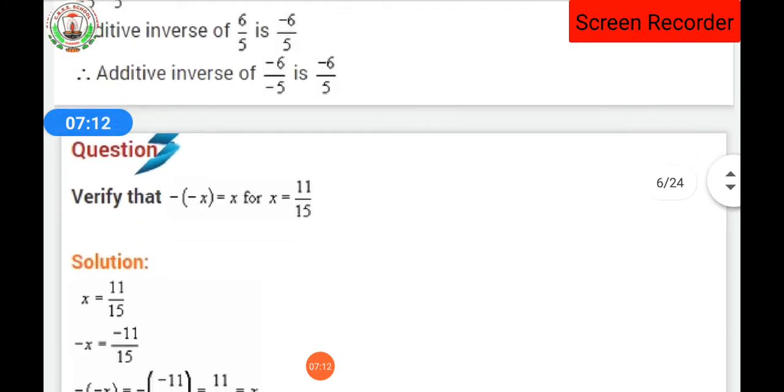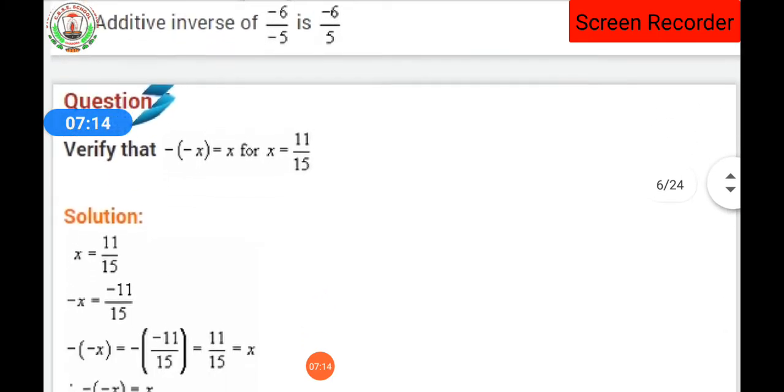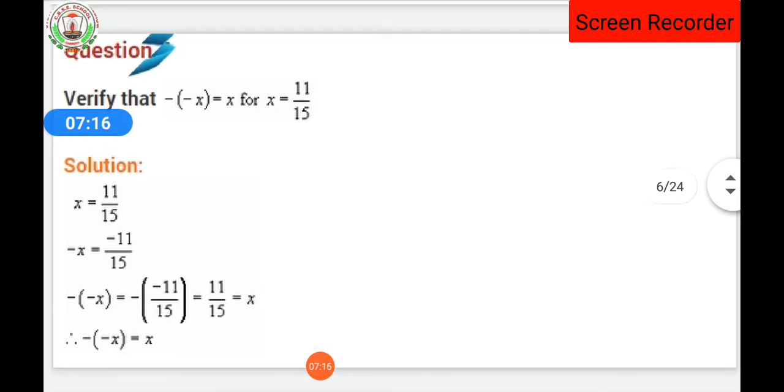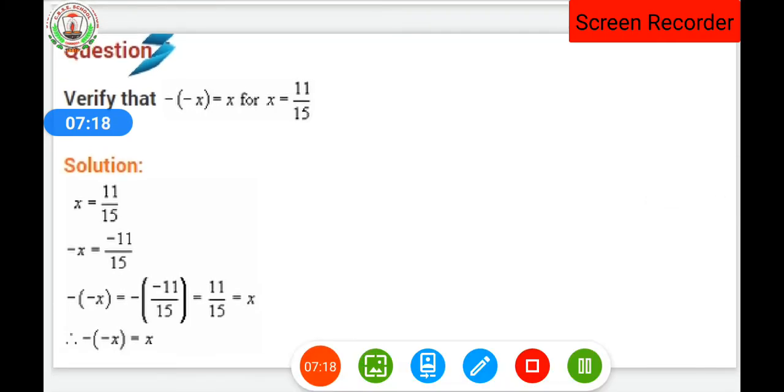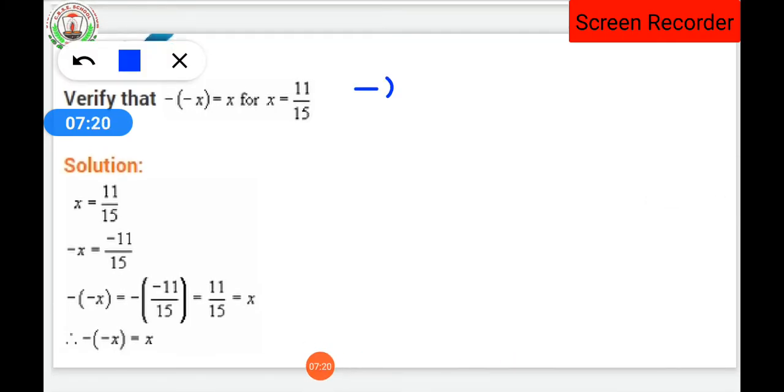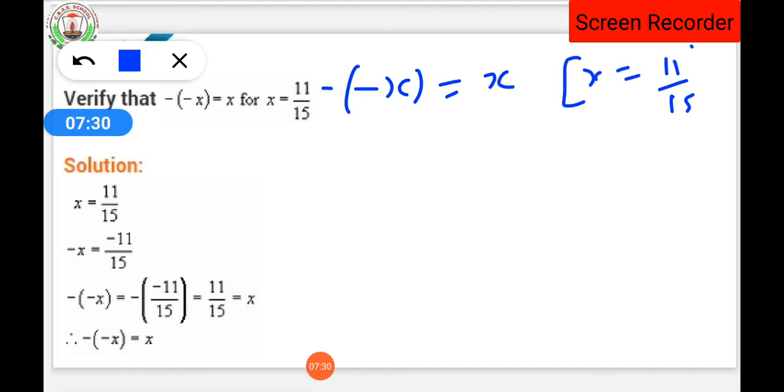Here in the third question it is said about the verification. So in question number 3 we are going to verify. Here the LHS is given as minus, with x inside the bracket and outside the bracket again a minus, is equal to x, and the value of x we have to substitute as 11 upon 15. So we have to put it and see.